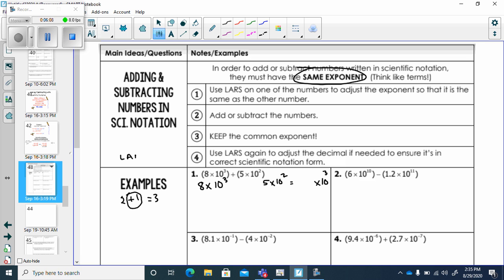LARS tells us if we add, we go left 1, right? Decimal's understood to be here, so I would move it one place over. That's 0.5 times 10 to the third. So let's set this up here. I have 8 times 10 to the third, and I'm going to erase this a little bit so we have a little more room.